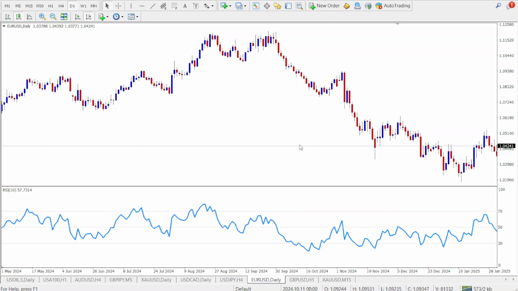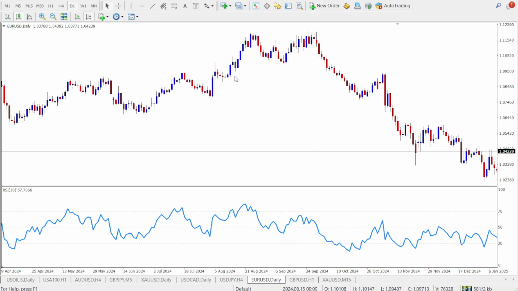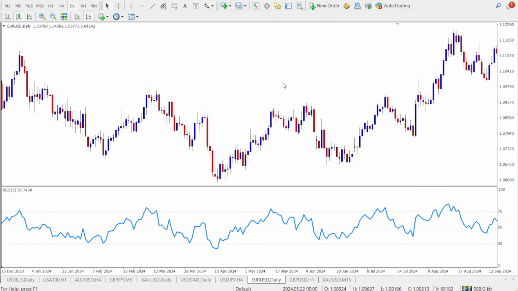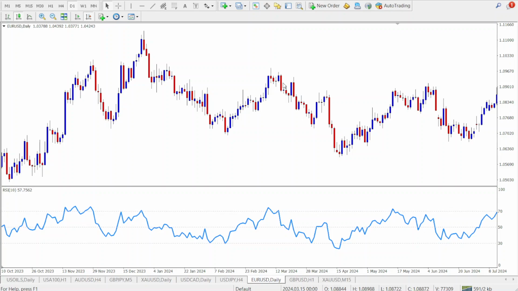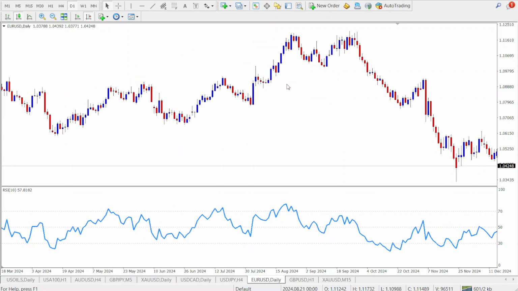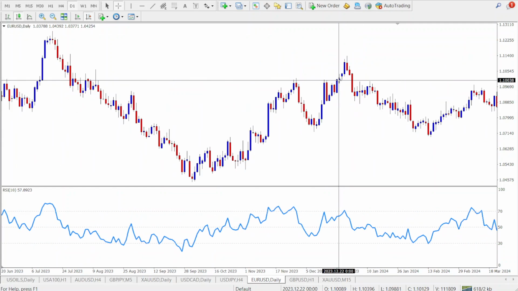So take for example, if you have price making higher highs, let me look for a very good example. This is more of a double top. This is a double top pattern, not a higher high.